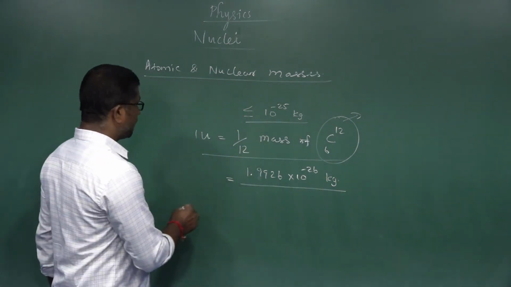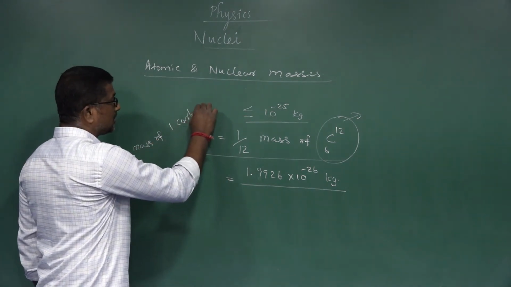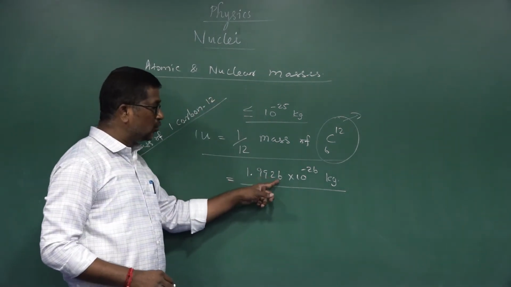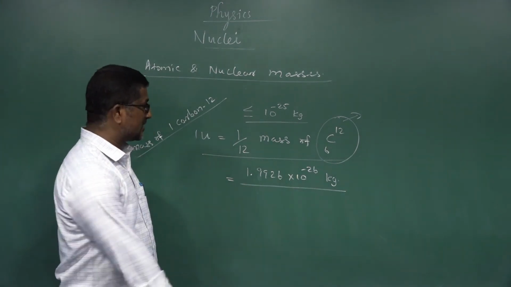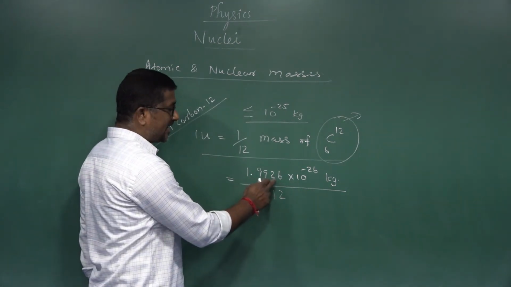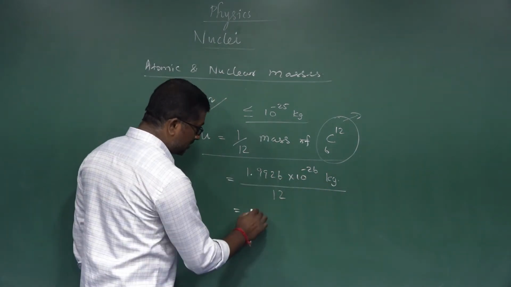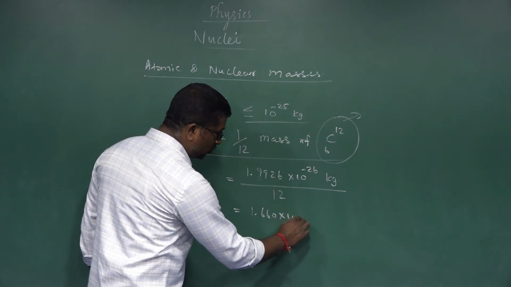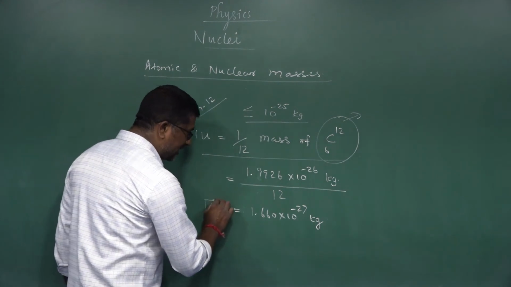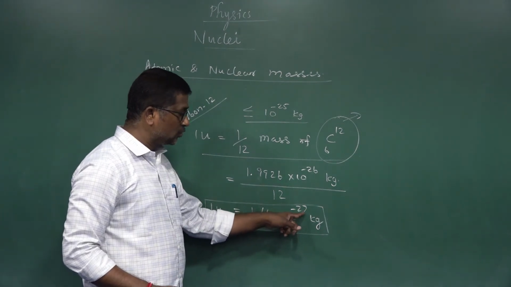Divided by 12 gives one atomic mass unit value. 1.9926 divided by 12 into 10 power minus 26 kg is 1.660 into 10 power minus 27 kg. So one atomic mass unit's equivalent kilogram value is 1.660 into 10 power minus 27 kg.